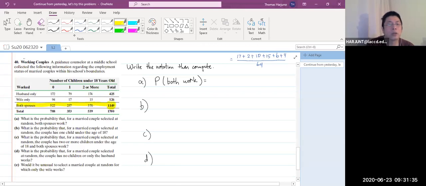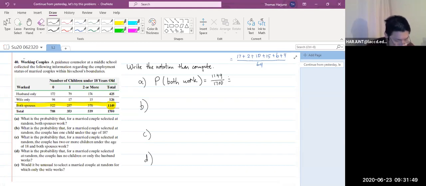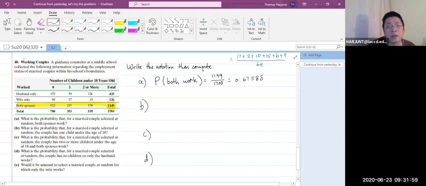So the total is 1,149 over the total 1,700. Now, of course, use your calculator to make it decimal. I get 0.67588. Remember 5 decimal places.